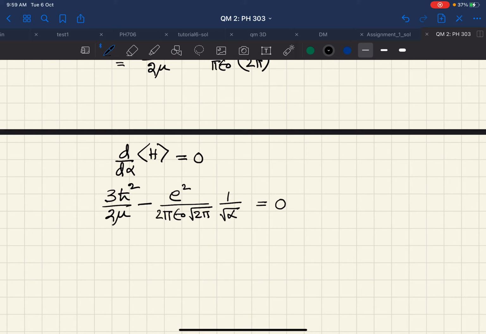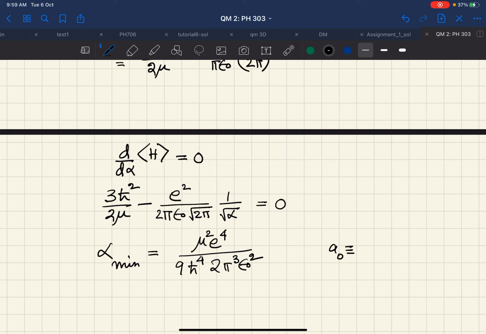to the power 4 by 9 h bar squared, h bar to the power 4, 2 pi cubed epsilon naught squared. But remember, what was your Bohr radius a naught?